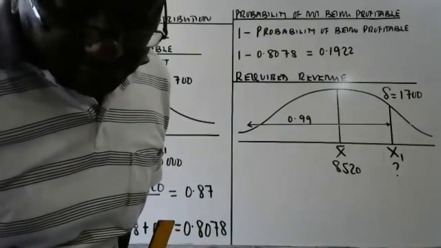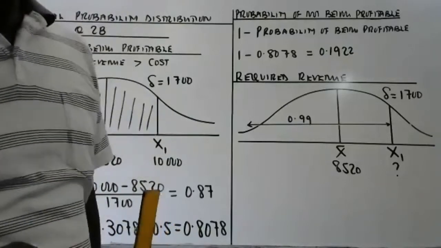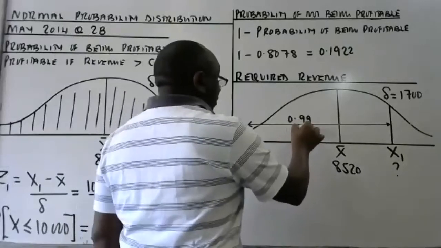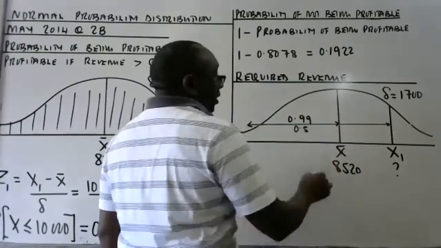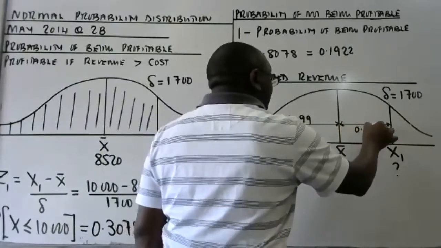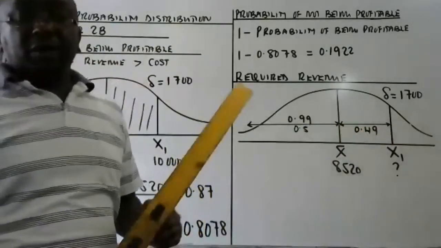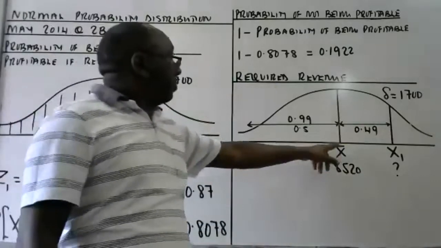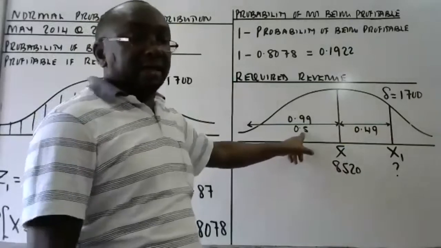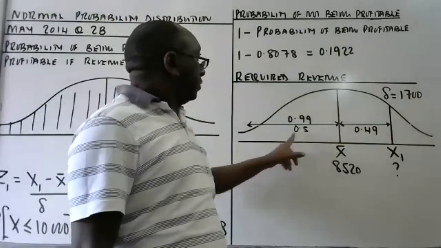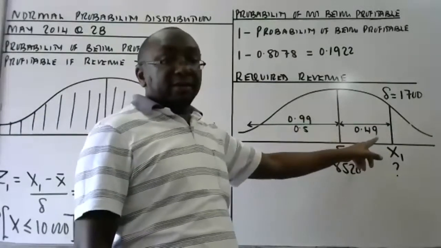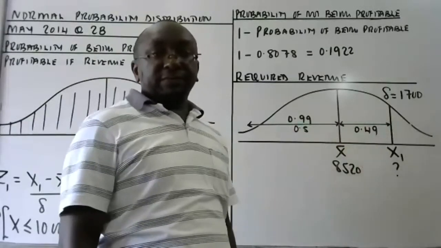So if it is 0.99, what that means is that this region is 0.5 up to here, and then this one is 0.49. Because I've told you from here to the end, it is 0.5. And then if from here to here it is 0.99, then it means this one should be 0.49.